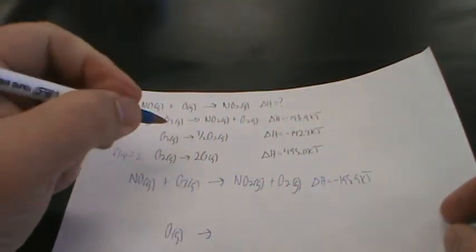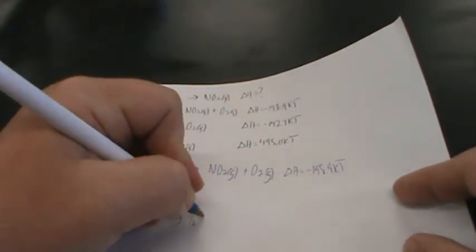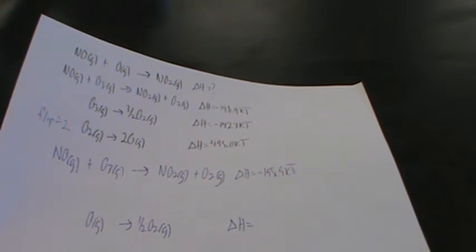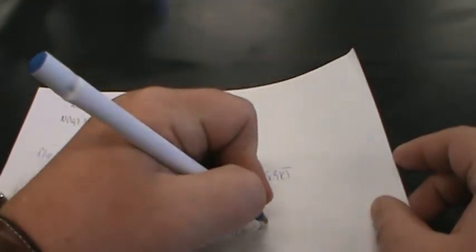So we're going to have monatomic oxygen on the left-hand side yields 1/2 O2 gas on the right-hand side. And with our change in enthalpy, since we're flipping it, the sign changes. So I'm going to take a negative 495 and divide that by 2. Negative 247.5 kilojoules.